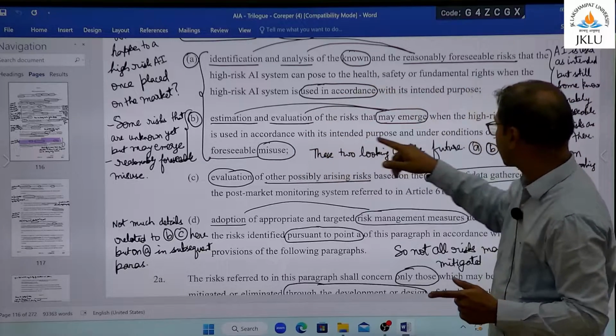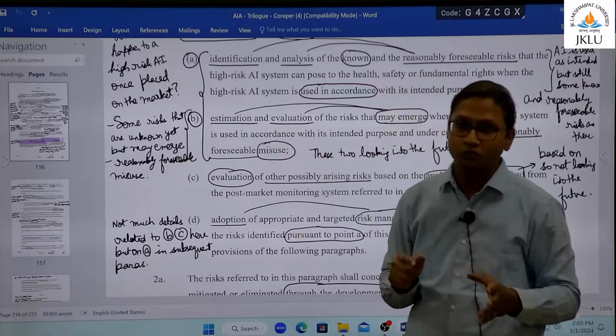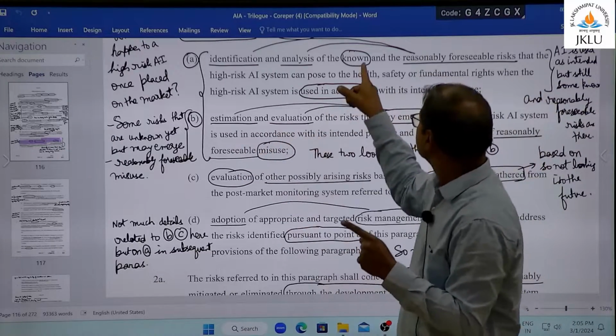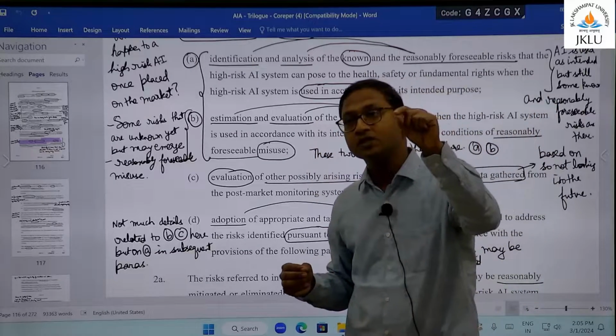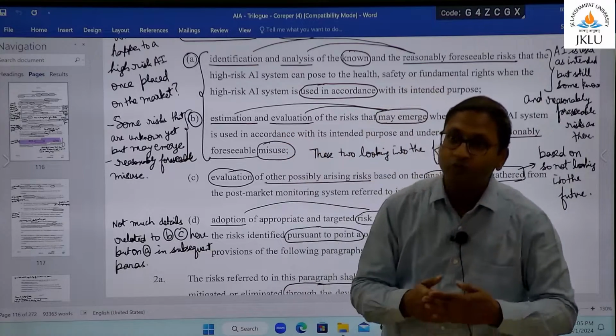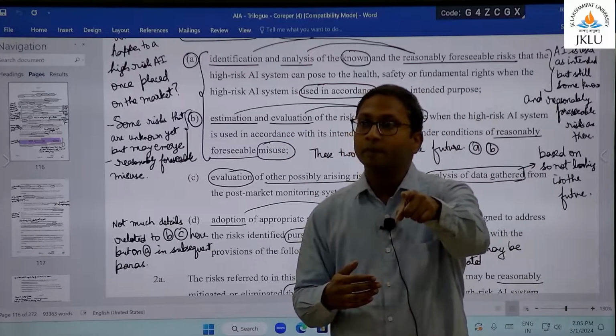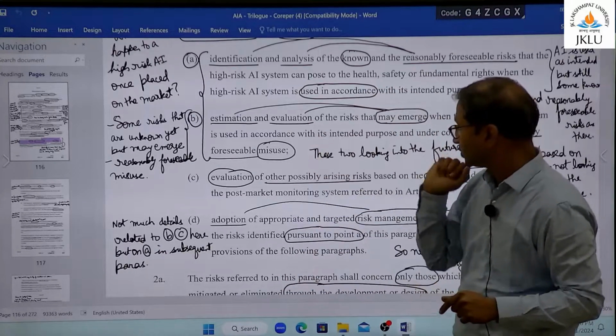This clause also states, under the conditions of reasonably foreseeable misuse. This is a reasonably foreseeable risk when you use it in the way it was supposed to be used. This is a reasonably foreseeable use, but that use was not intended. So that is the misuse.